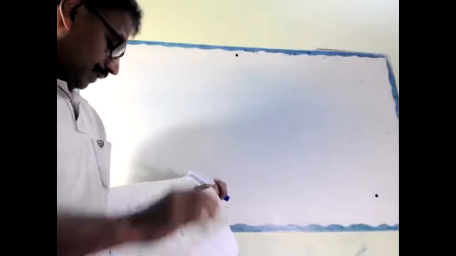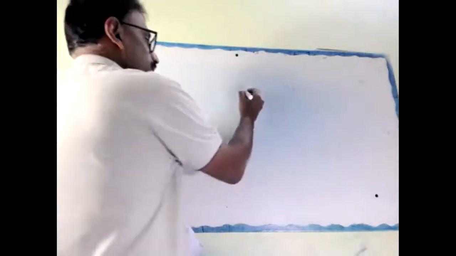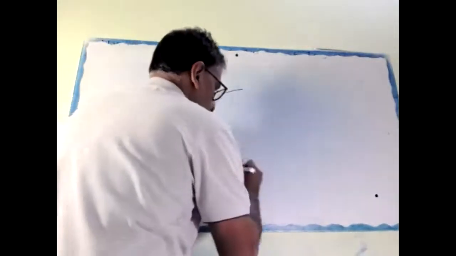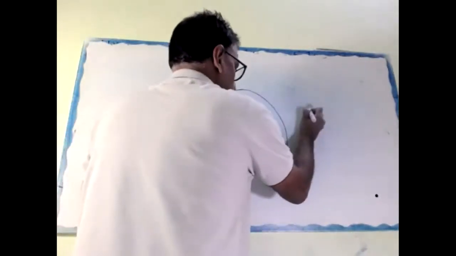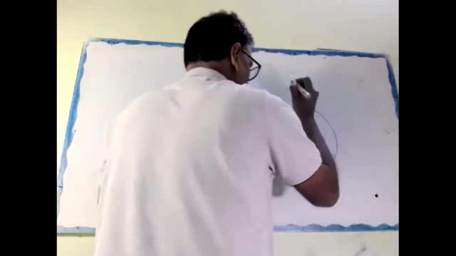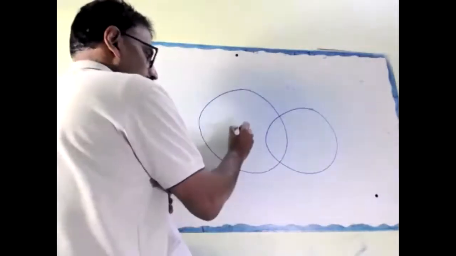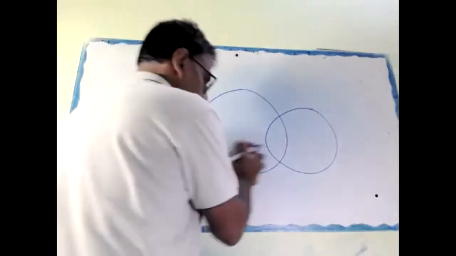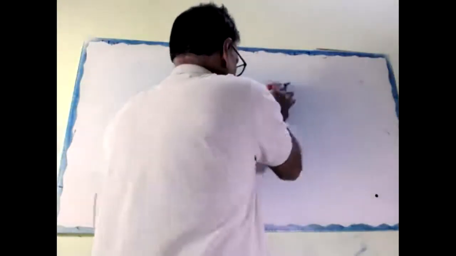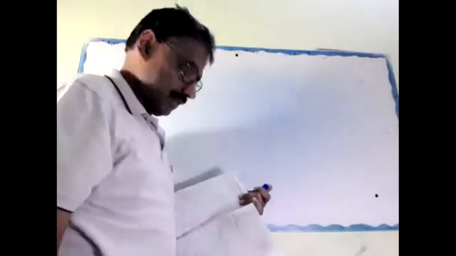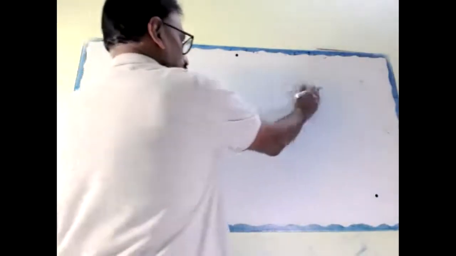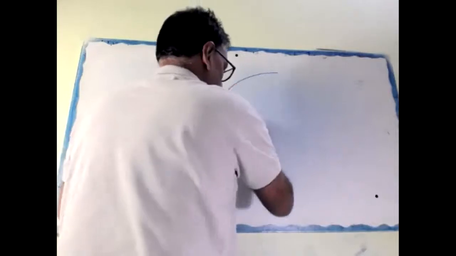Okay. Look at here. Here, two circles. Don't start, I'll show this one. Two circles intersect at 2 points.